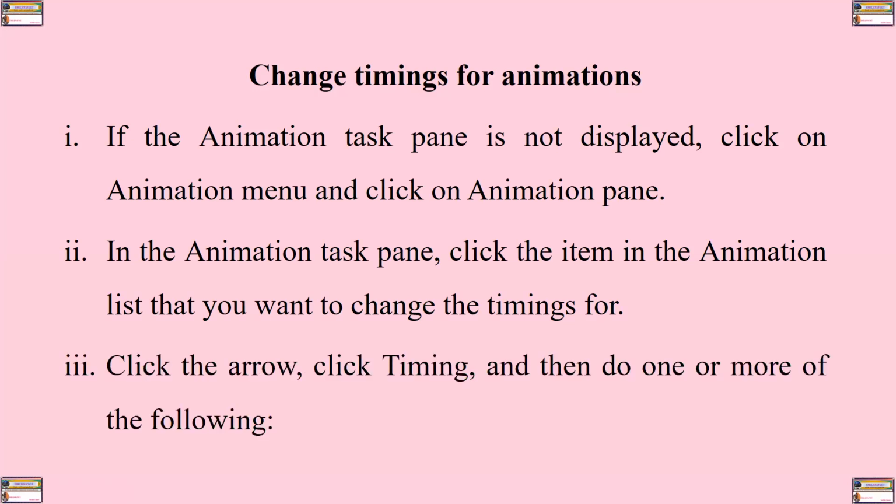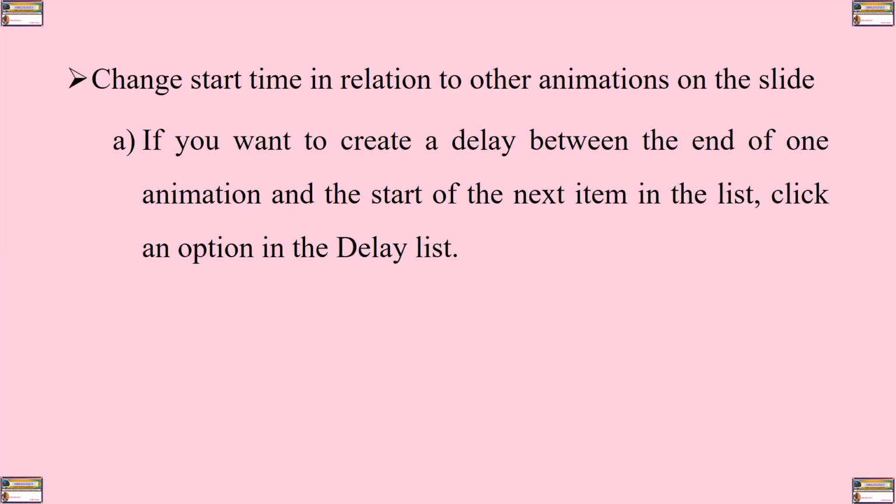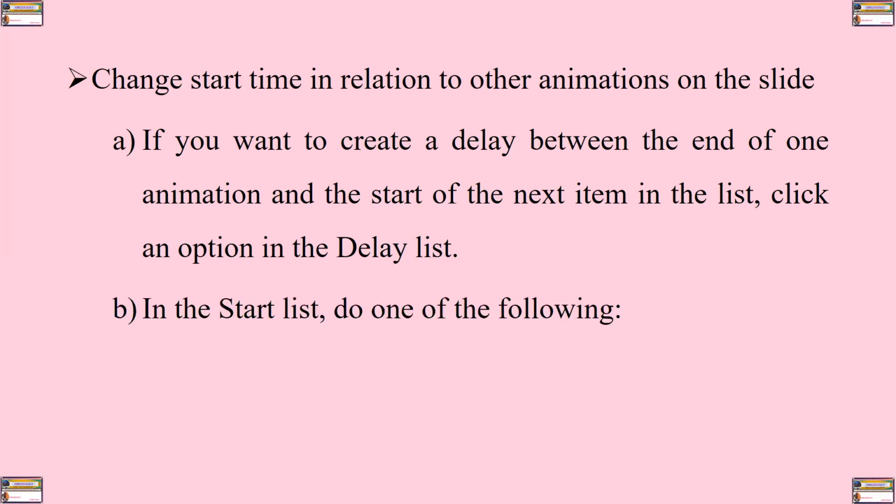Click the arrow, click timing, and then do one or more of the following. Change start time in relation to other animations on the slide by doing the following. If you want to create a delay between the end of one animation and the start of the next item in the list, click an option in the delay list.